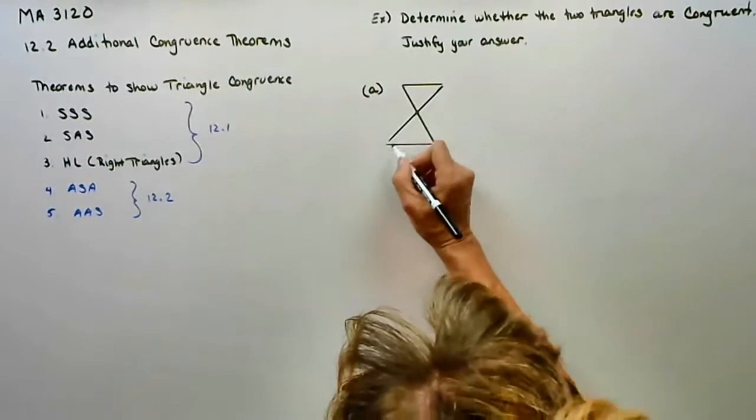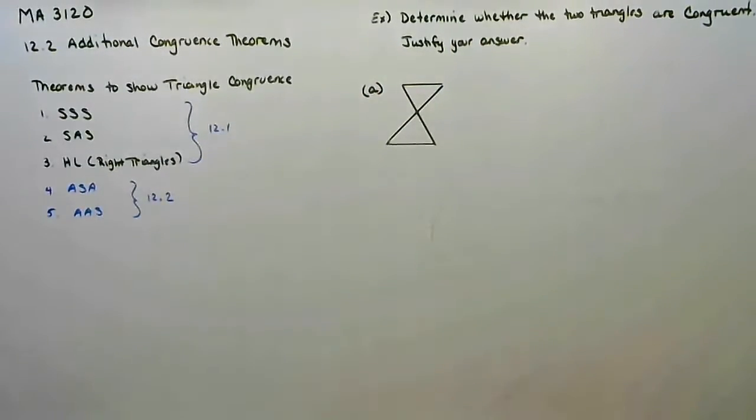But one thing about geometry is never assume. Always look at what you're given. So don't look at a perspective and say, oh, it looks a certain way, therefore it is a certain way. So everything, I'm going to give you everything in black ink, and then we'll write anything else we can figure out in blue ink.